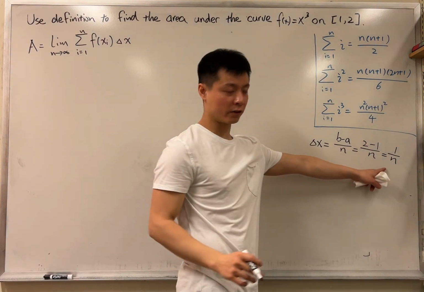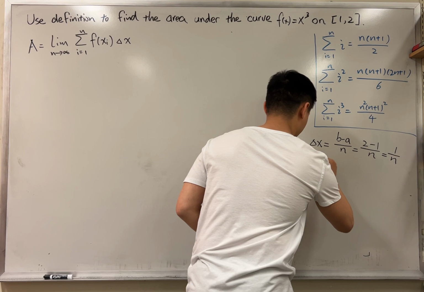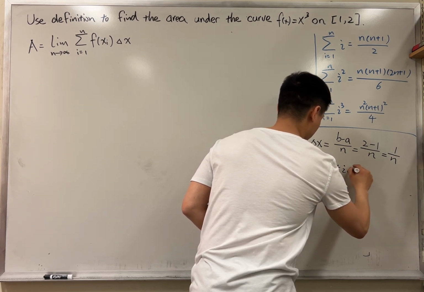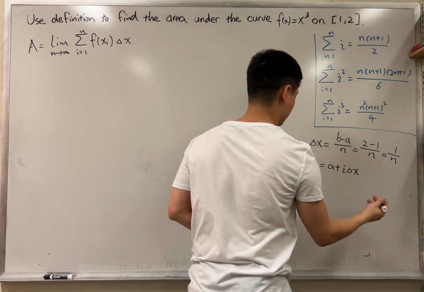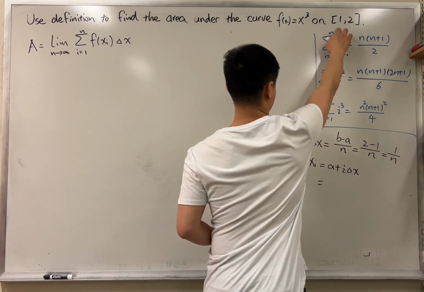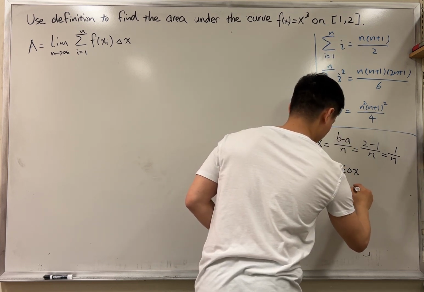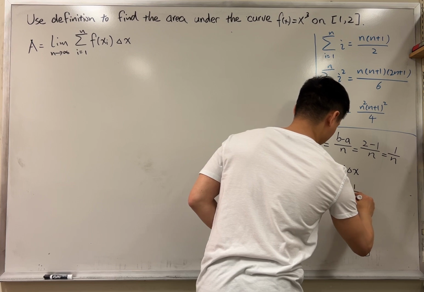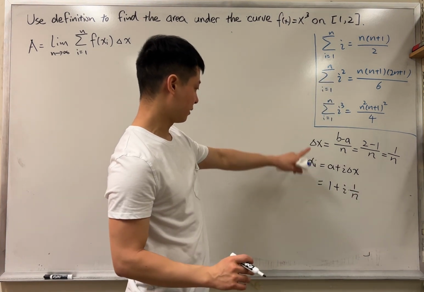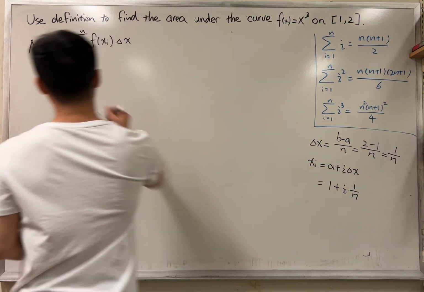So we have the length being 1 over n. And then we can find xi by using a plus i times the length of the small intervals. a is 1, so that's 1 plus i times 1 over n. After we have delta x and xi, we can plug these into the formula.